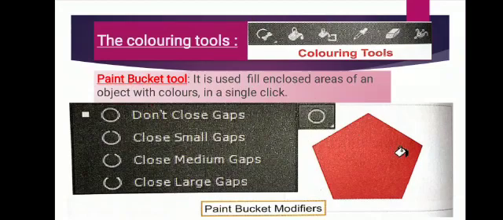See, these are the gap size modifiers: don't close gaps, close small gaps, close medium gaps and close large gaps. You will select this gap size modifier and choose the gap option, then click inside the object to fill the color. Clear? Means before inserting the color here, you will select the gap option. It will be easier.